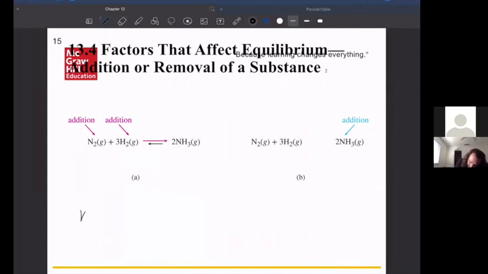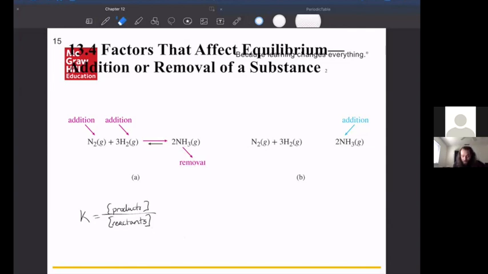Because again, K equals products over reactants. K is a constant, so if this number gets bigger, this number also has to get bigger to compensate. Okay. Likewise, another strategy would be to remove the ammonia as it's being formed, right?